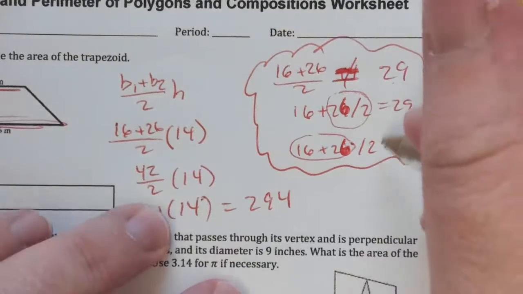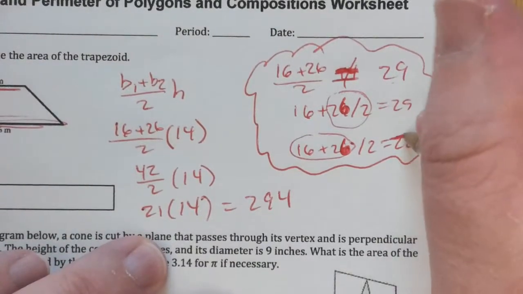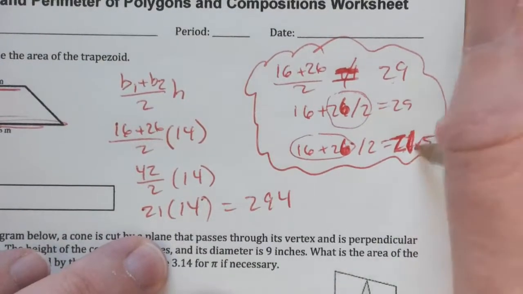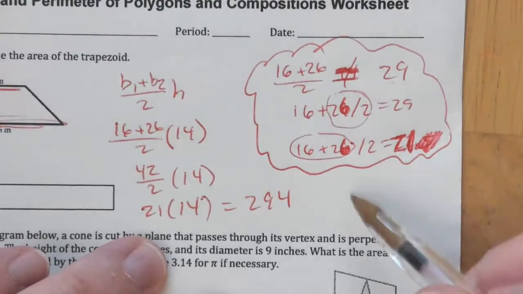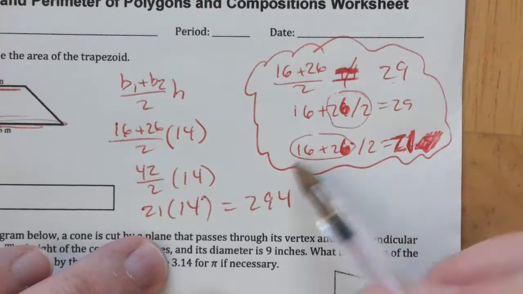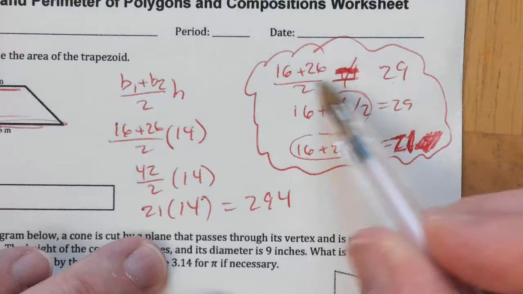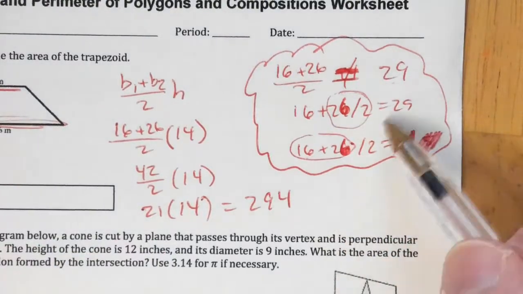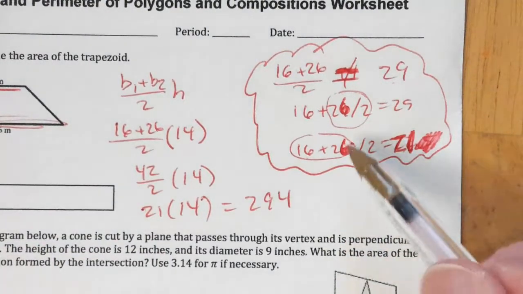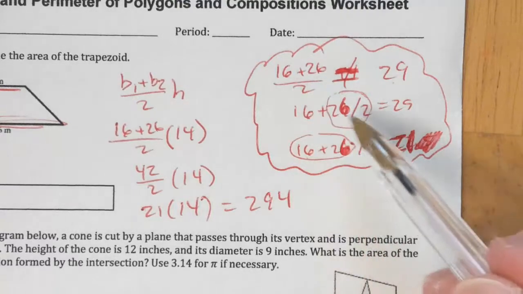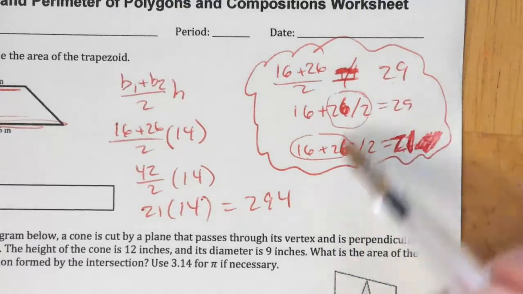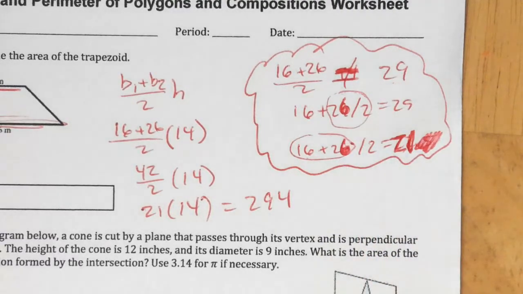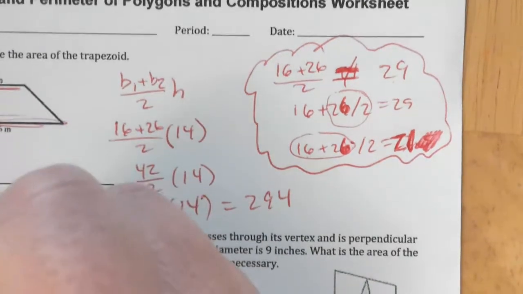Typo, and that would have been 21. Is 21 smack dab in between the two of them? Yes, it is. So this should have been like a big warning that something was wrong. Okay, so make sure that you're right smack dab in the middle just to catch yourself. All right, and that was our answer, 294.